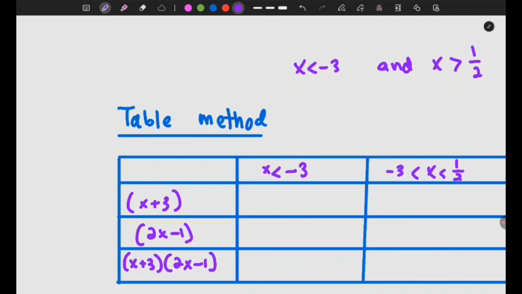What the value is doesn't matter. You just need to know whether it's a positive or negative number. So negative 4 plus 3, you get a negative number, right? So put a negative. 2 times negative 4 is negative 8. You minus 1 is negative 9. Put a negative.